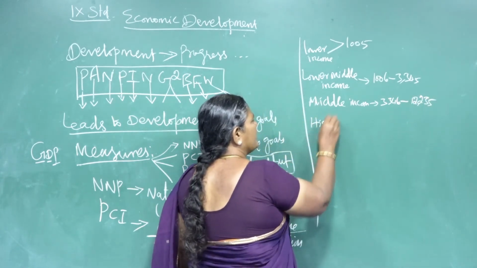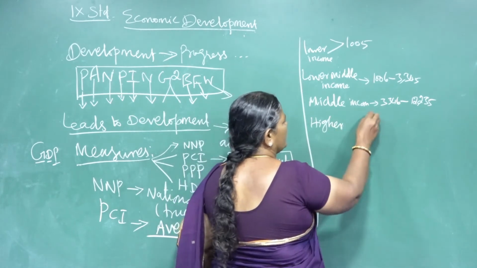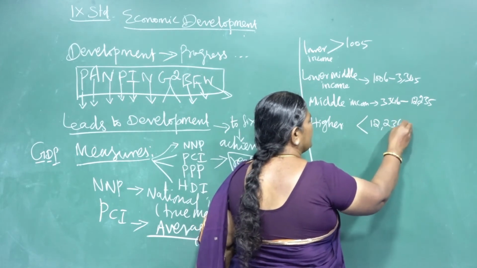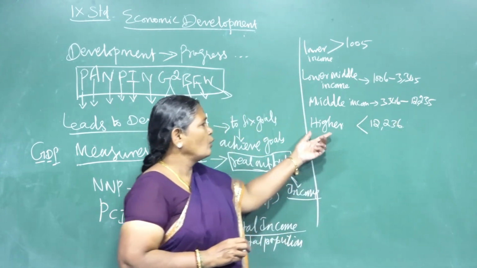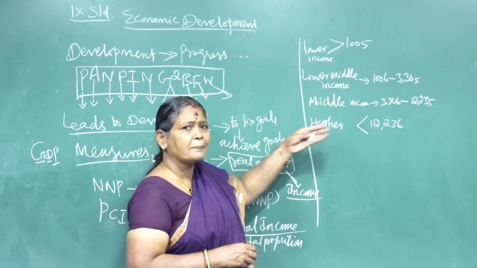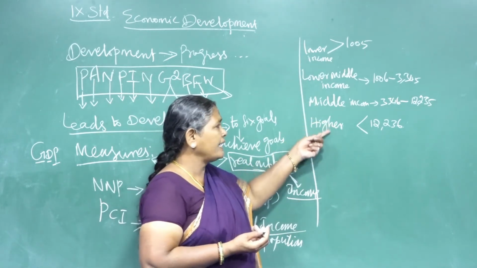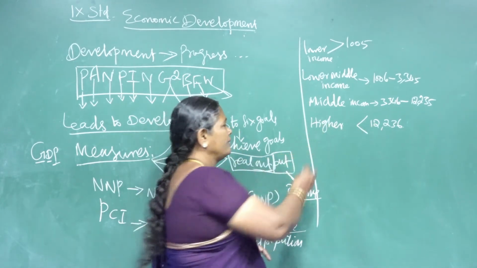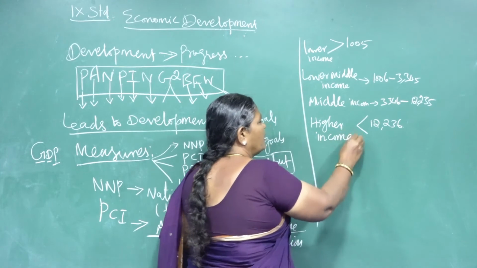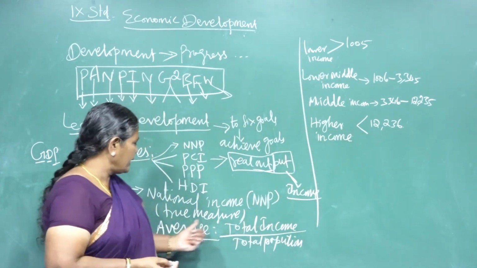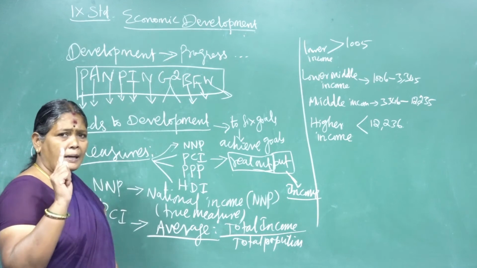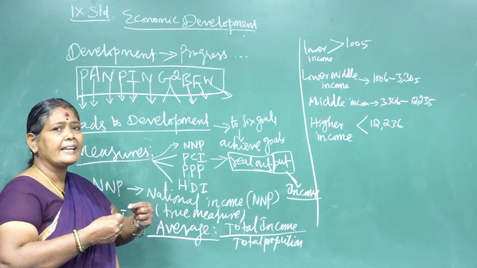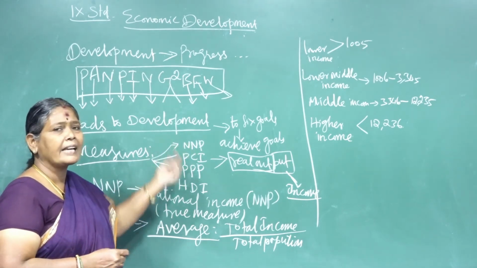Then higher income is more than 12,236. This is the statistic, and it may change. Higher income is more than this. This way, the per capita income, per head a year, how much he earns, is an indicator of the country's development.